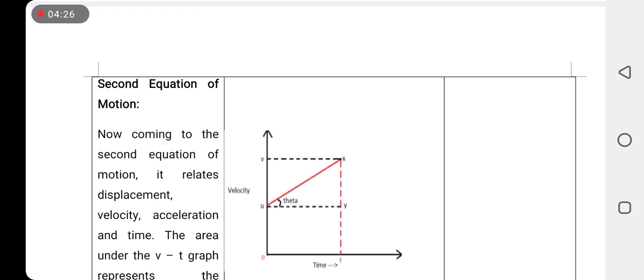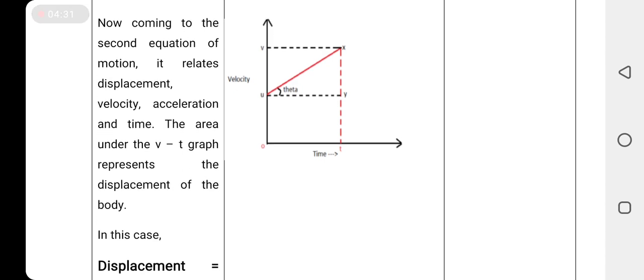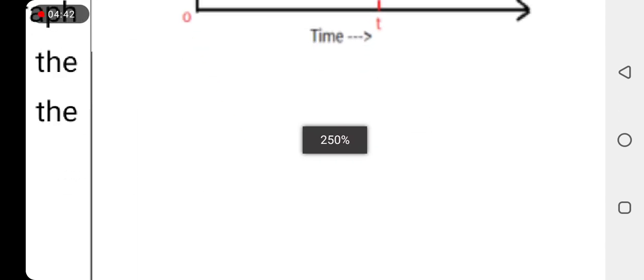The second equation of motion. Now coming to the second equation of motion, it relates displacement, velocity, acceleration, and time. The area under the velocity-time graph represents the displacement of the body.